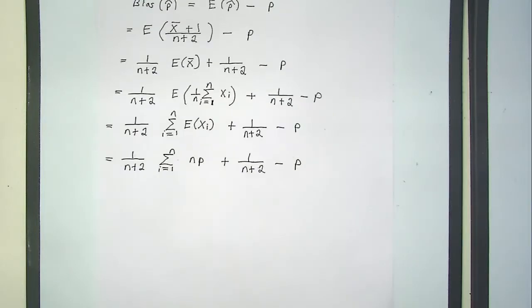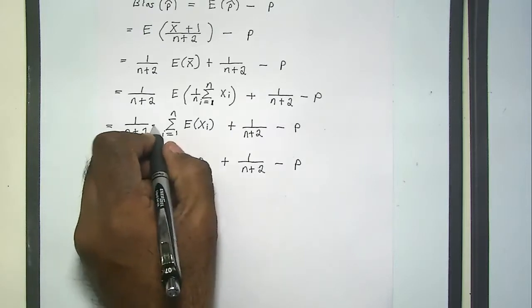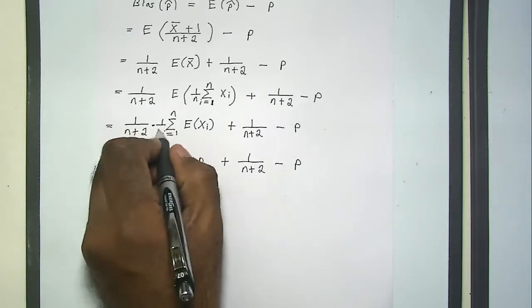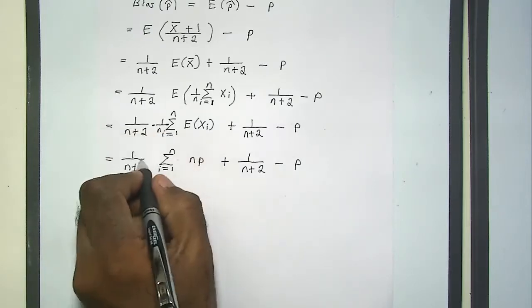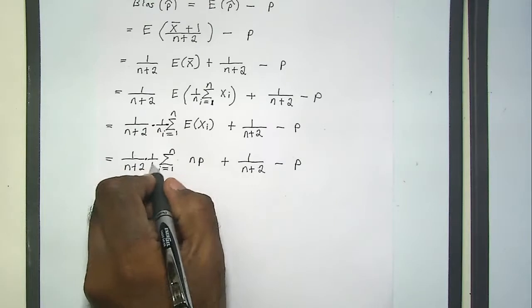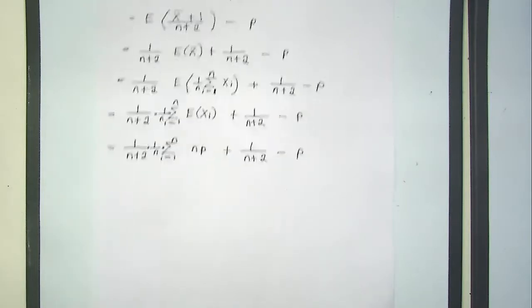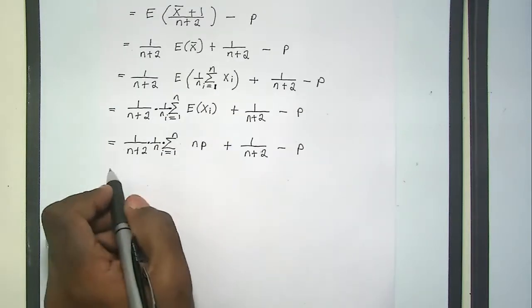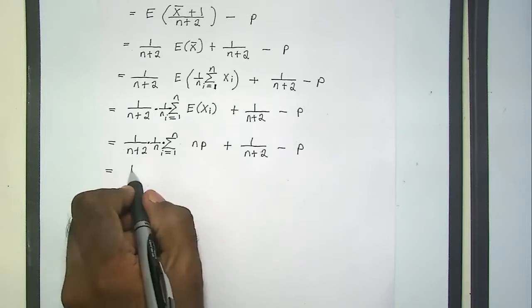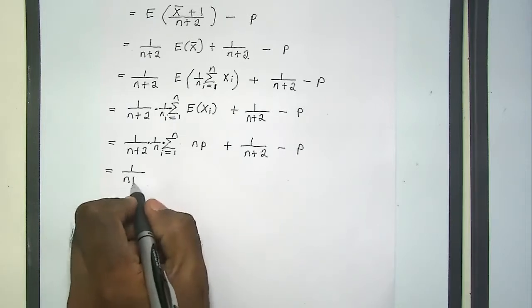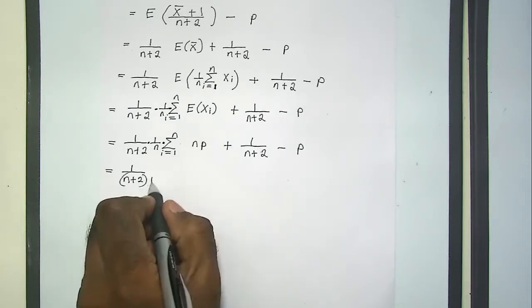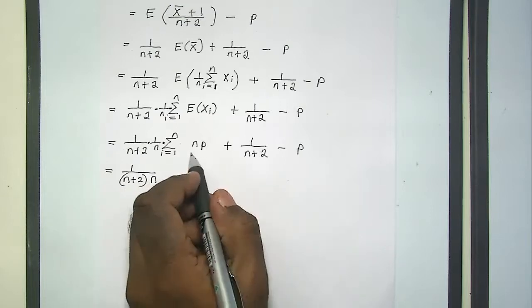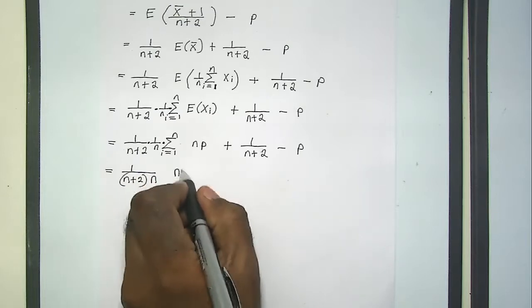What happens with the 1 over n on the brackets? Oh yeah, sorry guys, thank you. I forgot the 1 over n. So now the sum of np is n squared p.